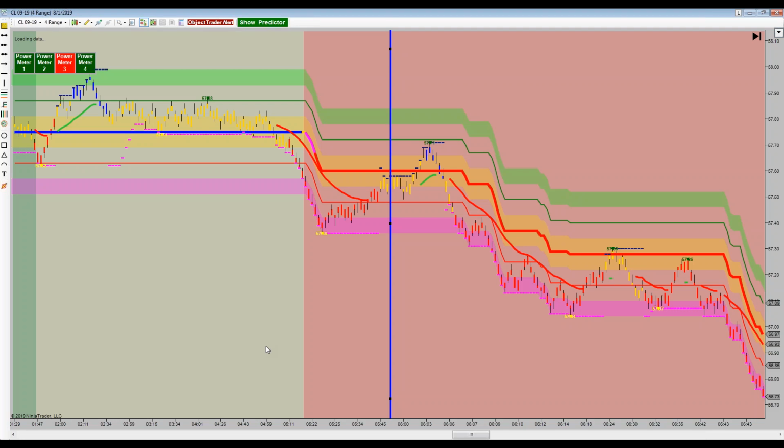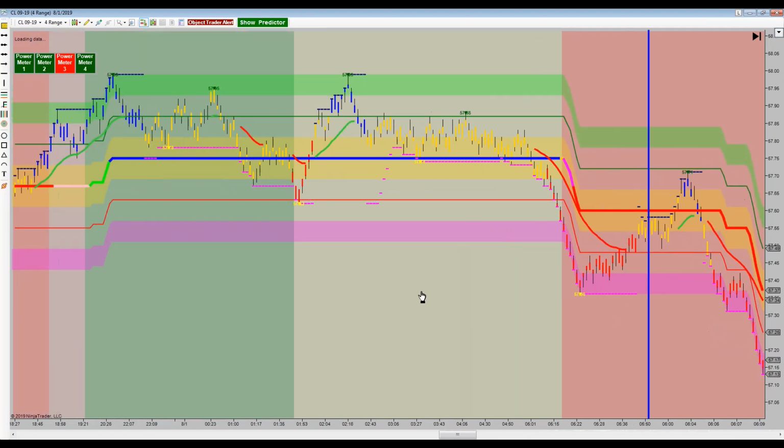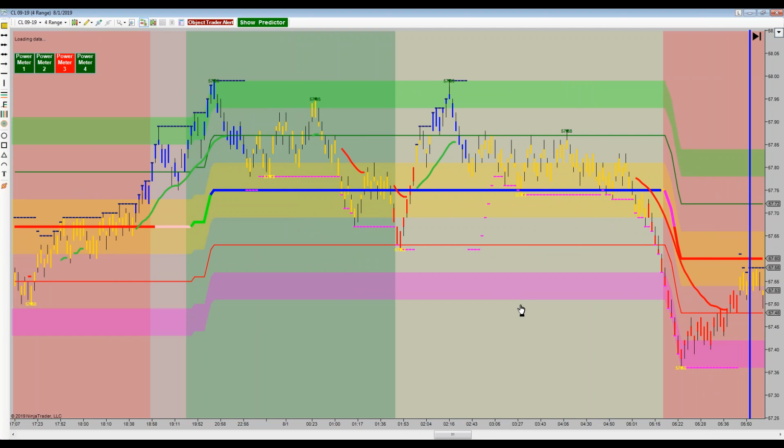Just give yourself 10, 15, 20 minutes, whatever you can afford. Get up a little early, connect to your data source, get your charts all ready. And when you looked at crude at 5:55, it looked something like this, right? When you put your chart up.